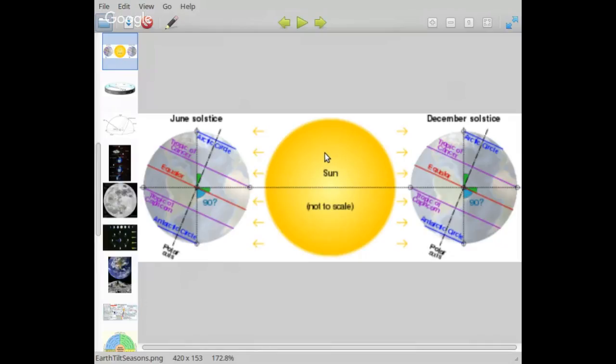I've got too many images to show at once. I need animation or something. But anyway, this is the theory that the Earth's northern hemisphere being tilted toward the sun in June and away from the sun in December is why the sun moves along this path, this arc.